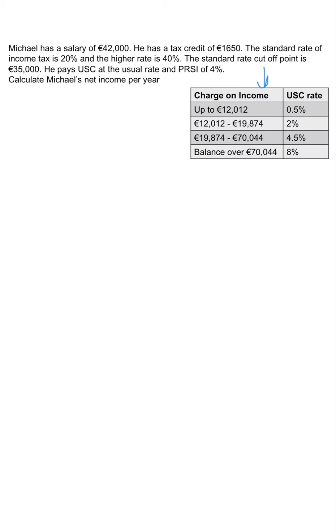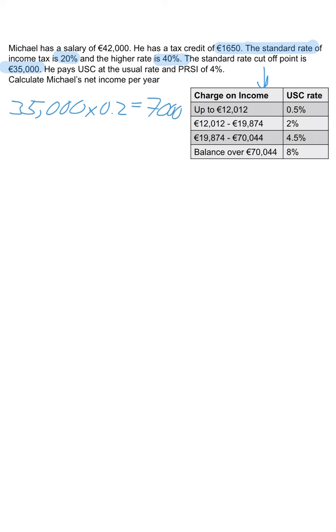So let's break it down, and first of all, let's focus just on the income tax. So standard rate of income tax 20%, higher is 40%, and the cutoff is 35,000, and there's a tax credit of 1,650. So the first 35,000 euro, he's paying 20% of that. So 35,000 times 0.2, that is equal to 7,000 euro.